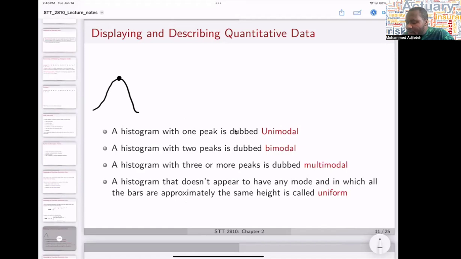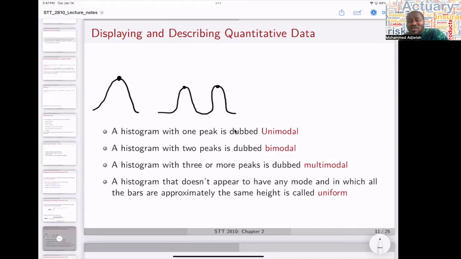So you could have a graph that looks like this. You see the bumps are two. So in that situation, that is bimodal. And then where we have three or more peaks or bumps, then that is a multimodal graph.